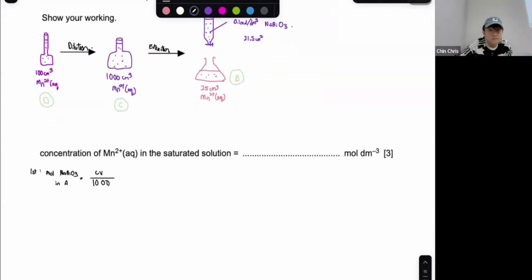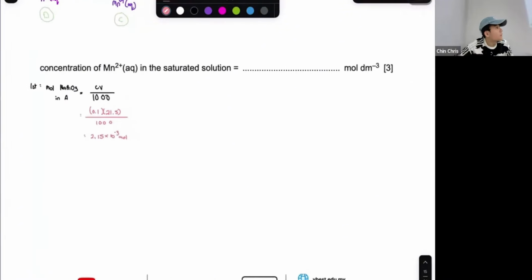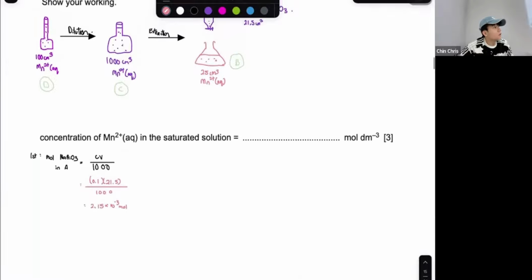CV over 1000, right? I get the mole already. Is it 2.15 times 10⁻³? Good.